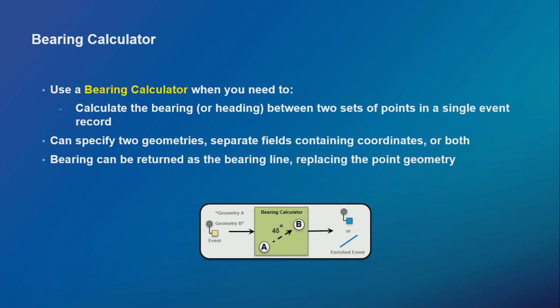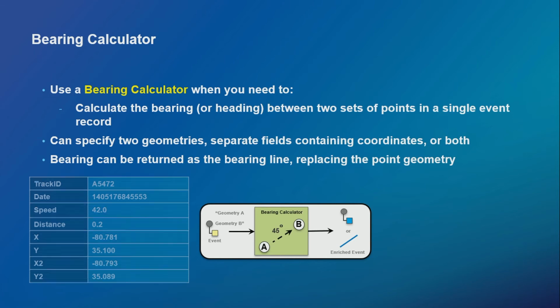So when configuring this processor, you could either specify two geometry fields or separate fields containing separate X and Y coordinates indicative of an origin and destination location. Using the bearing calculator, we can then return that bearing value in degrees, and we can either maintain the point geometry of the incoming record or replace it with the bearing line, essentially the line that we would draw between the origin and destination.